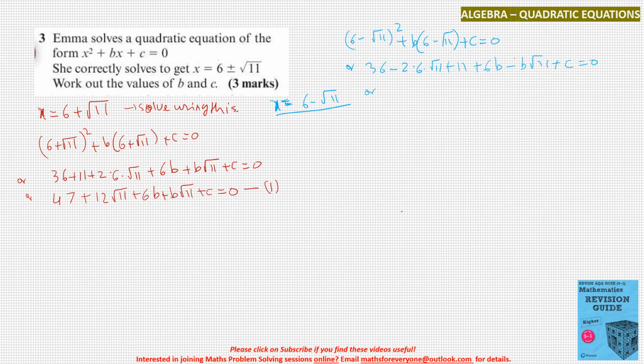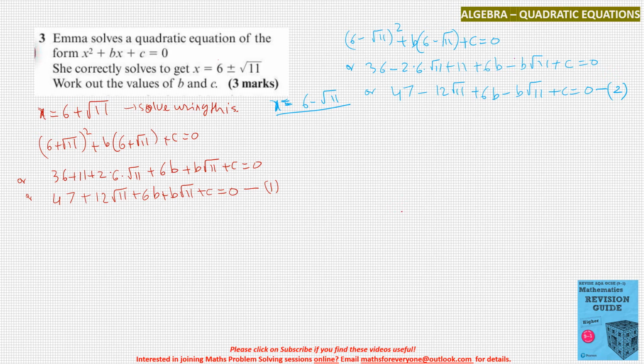Or 36 plus 11 is 47 minus 12 root 11 plus 6b minus b root 11 plus c equals 0. Okay, so these are my equations. So this I'm going to call as 2.